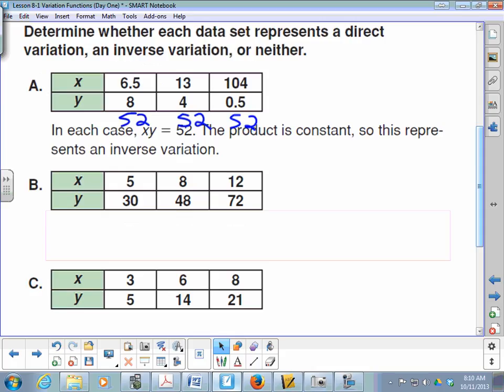Letter B. What happens with y as x gets bigger here? Because you're writing, I'll wait.